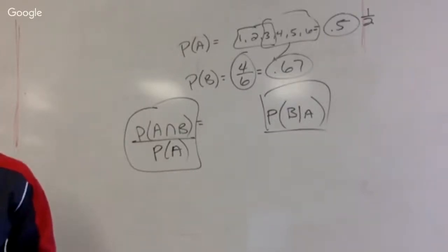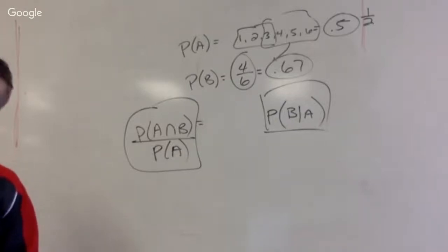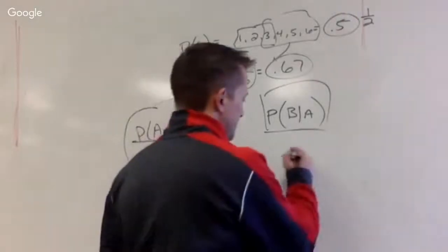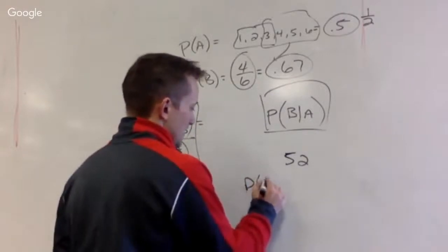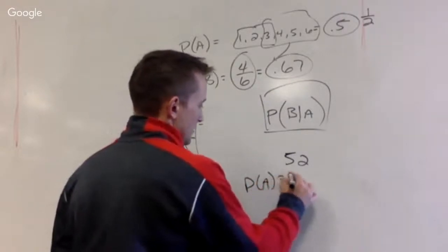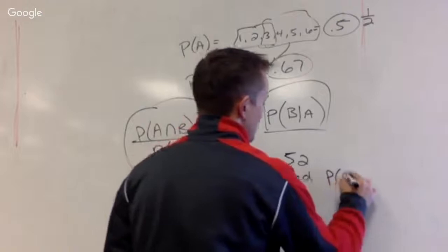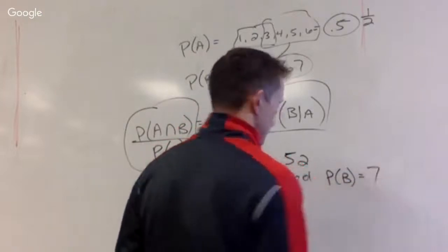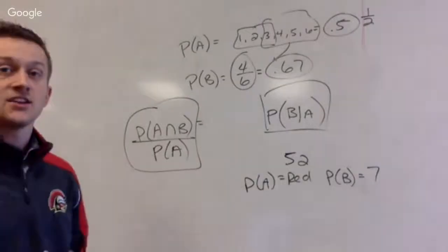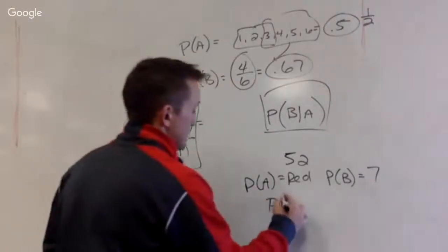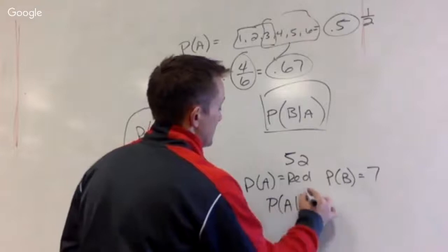You could also do it if they weren't independent, and say, for instance, I have 52 cards in a deck, and the probability of A is a red card. The probability of B is a 7. Are there red cards that are 7? Yes. So what if I said, what is the probability of A given that B occurred?